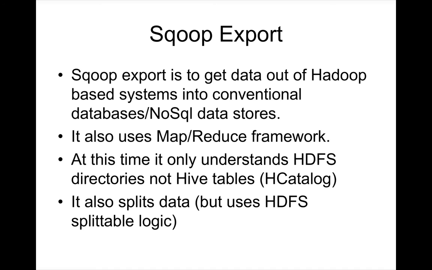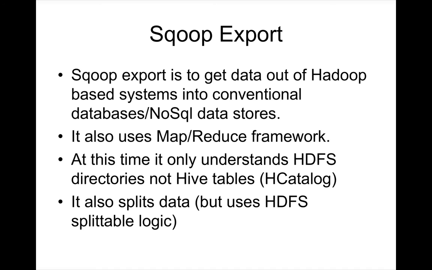First, you have to execute another program which will capture delta and store it in a dedicated directory, using which we can perform Sqoop export. Sqoop export only understands the directories and files in HDFS, but it cannot go into the data and filter out to capture the delta. It also splits data, but it uses HDFS splittable logic.